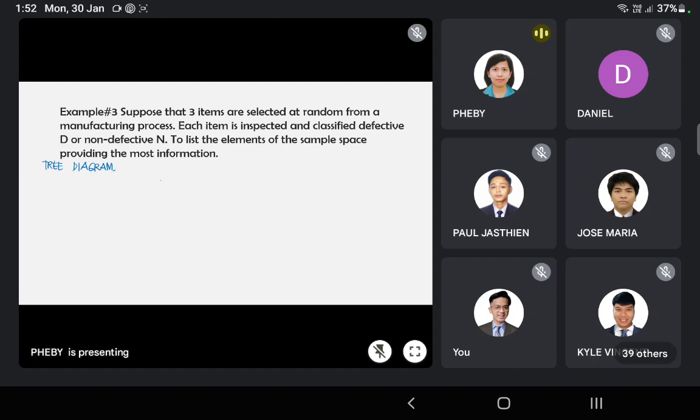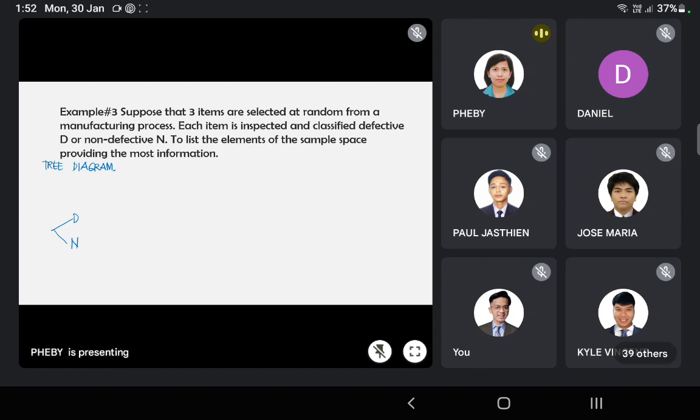Okay. So this is the tree diagram of our experiment number 3. So pipili daw ng 3 item. Okay, and they will be classified if defective or non-defective. So these are the possible outcomes na mangyari. So the first item, pwede siyang defective or non-defective.